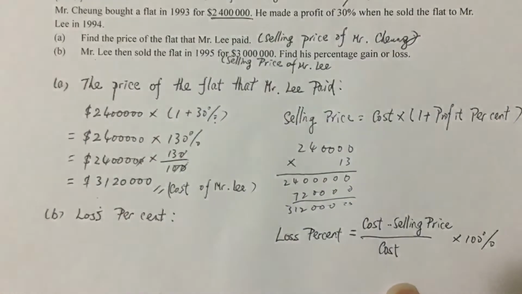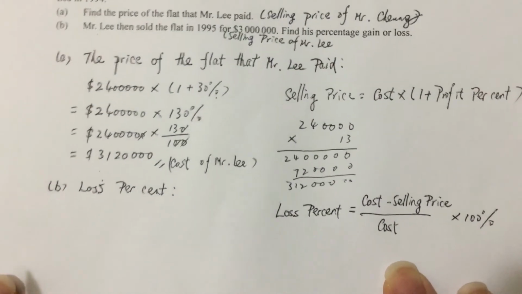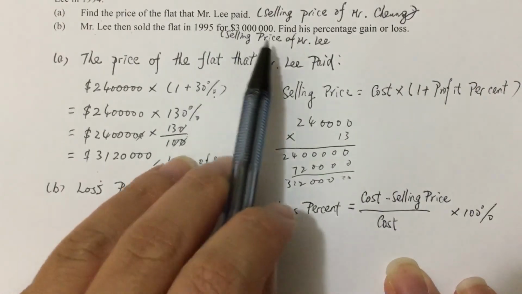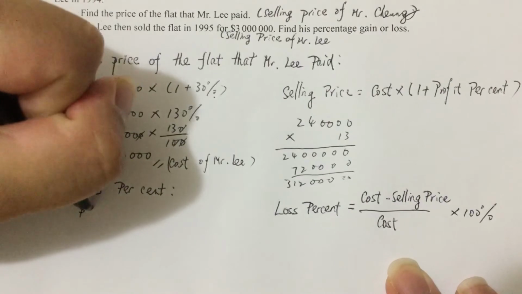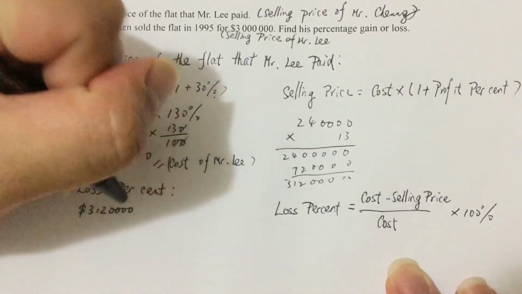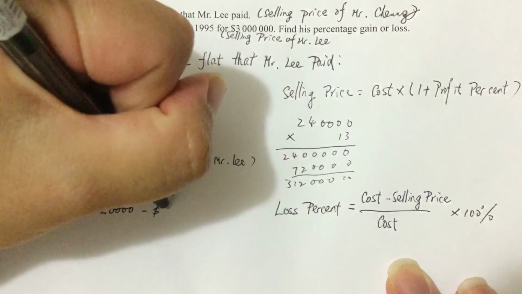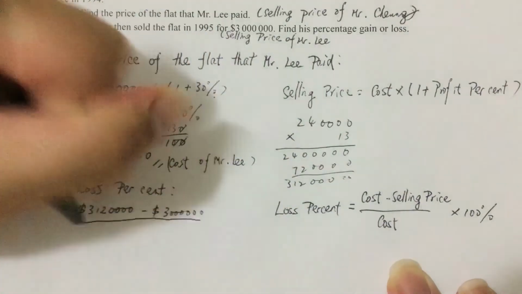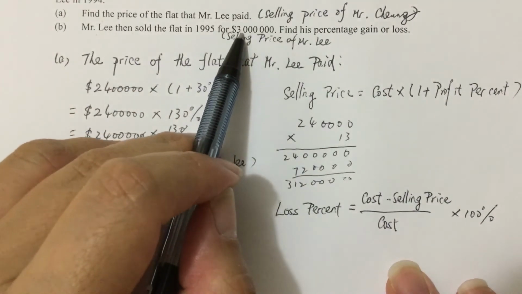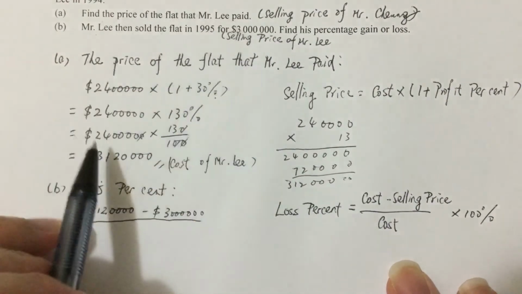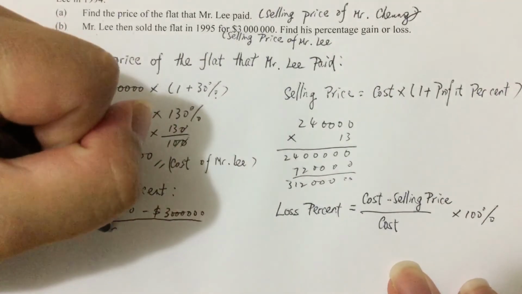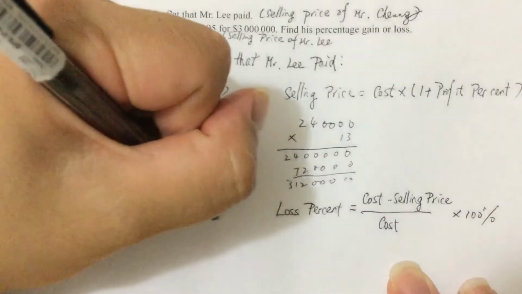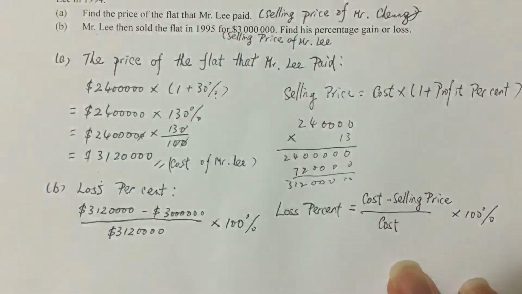So what we can do is use 3,120,000 minus 3,000,000 over, every time pay attention, for the cost that is not 3 million, the cost is this one. So you must make sure that you write down 3,120,000 here times 100%. So this is a little bit ugly.